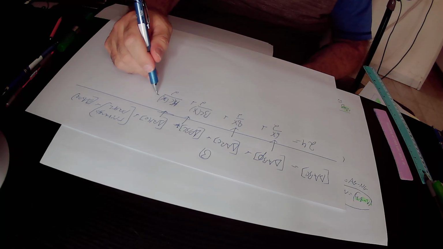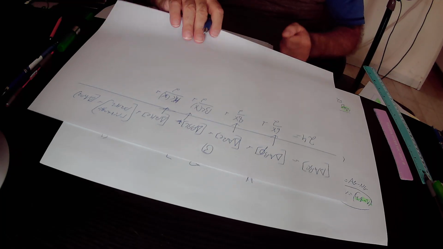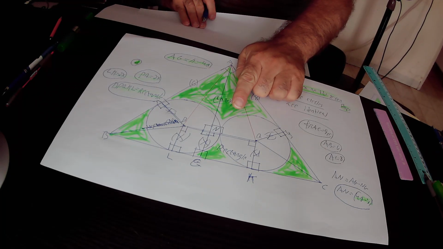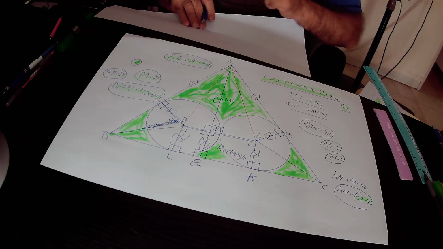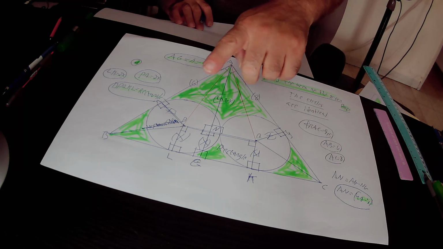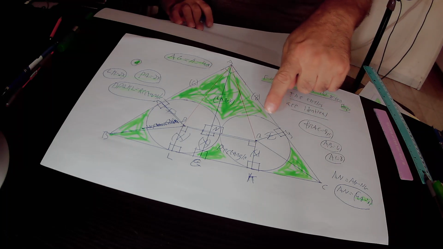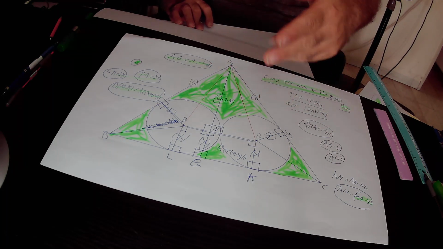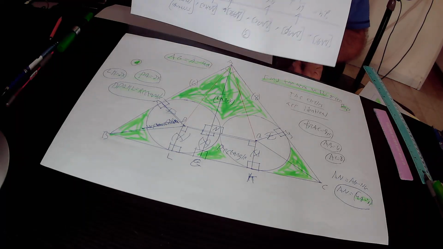Plus the area of the fifth shape, the rectangle PQKL. The area of a rectangle equals the length times the width. The length PQ is 2x, the width PL is X, so in total it is 2x times X.